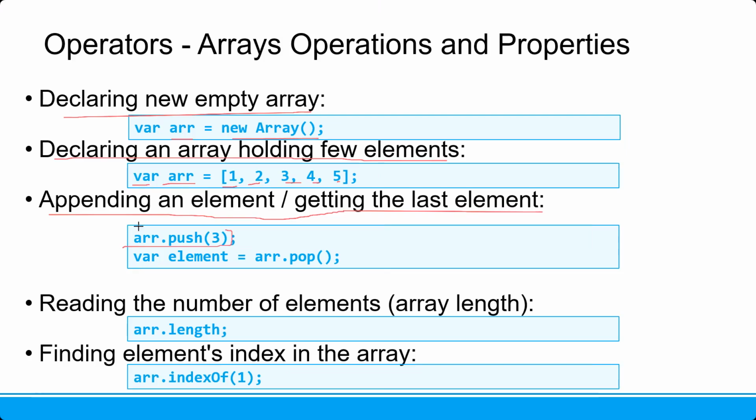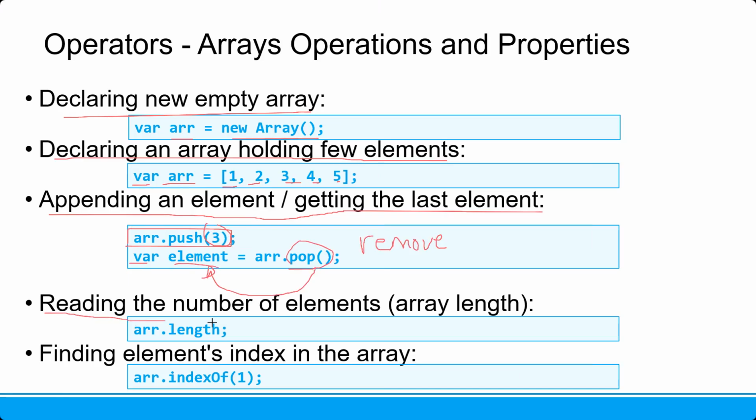So adding a new element means I want to use push 3. So I'm adding a new element. And if I want to pop, so I want to remove, pop the element, it means I want to pop the last element. And then it will be inserted into the variable element.